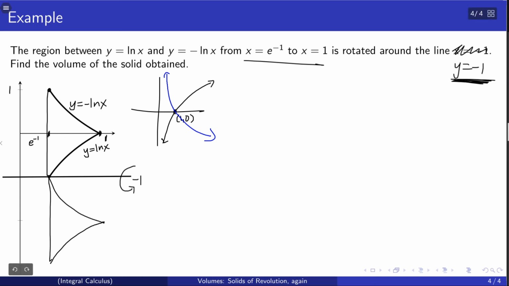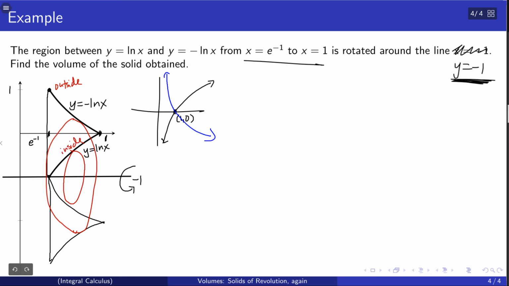So cross sections, when you take slices of the solid that you get, that's perpendicular to this axis of rotation, well, they're going to be washers, right? Because you have a curve that's outside and a curve that's inside.